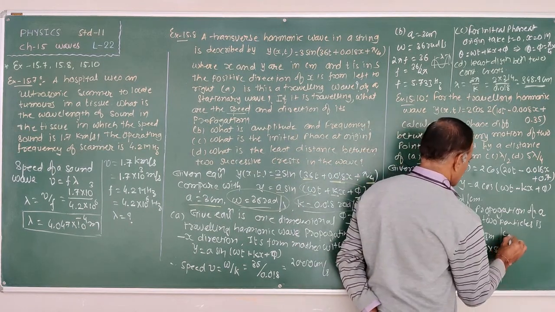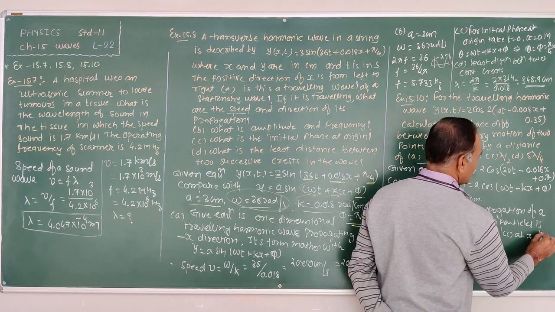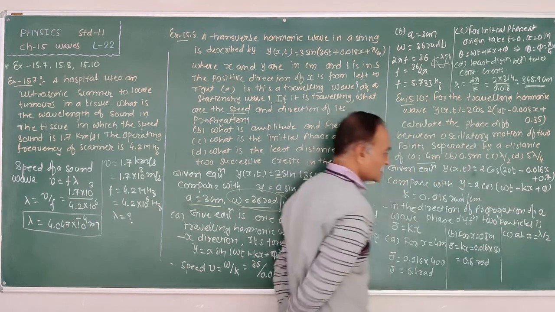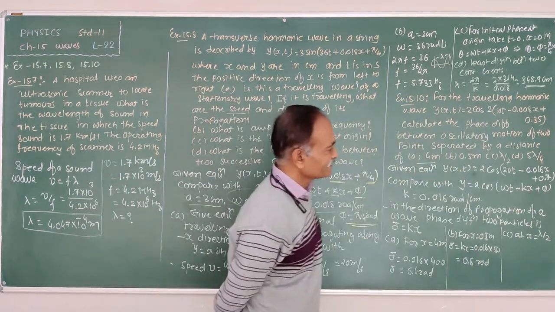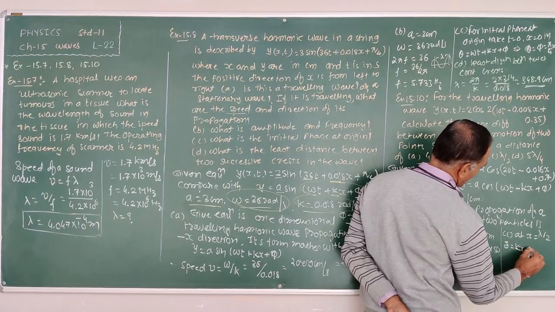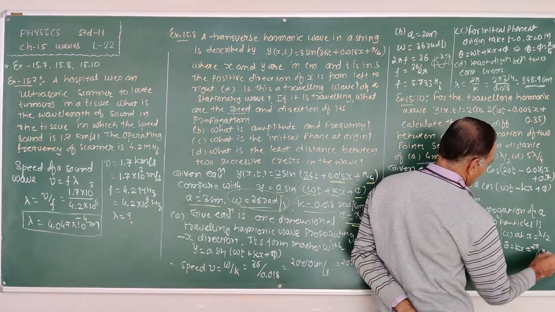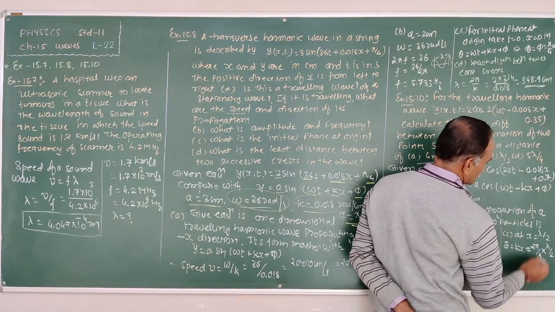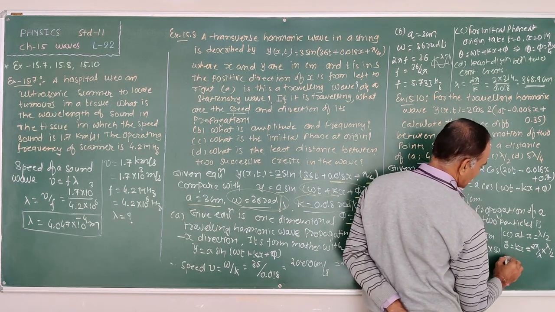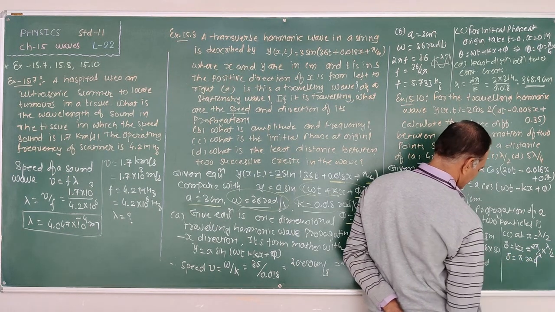Now, for c, at x is equal to lambda by 2 distance. Therefore, delta is equal to kx, k is equal to 2 pi upon lambda, and x is equal to lambda by 2. Therefore, lambda and the 2 cancel, so delta equals pi radian.